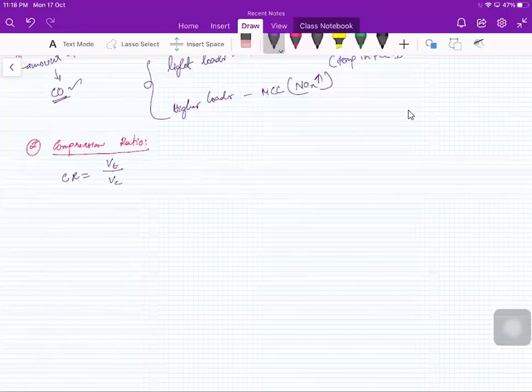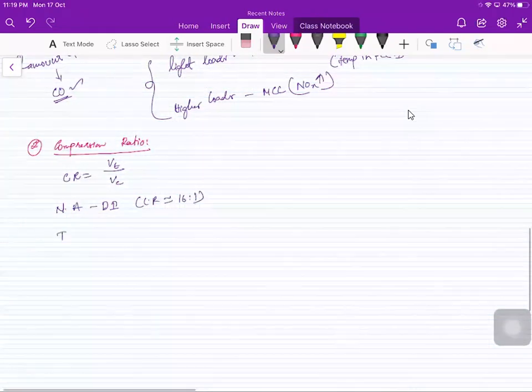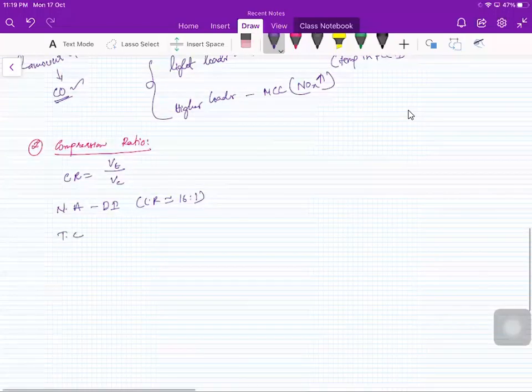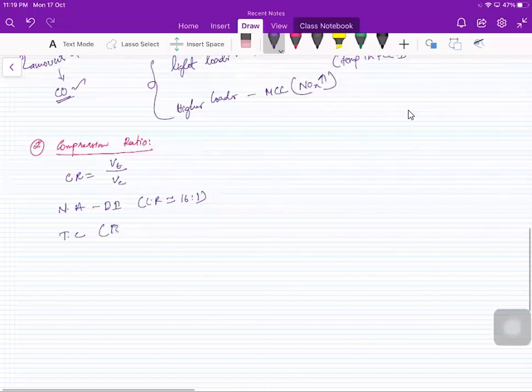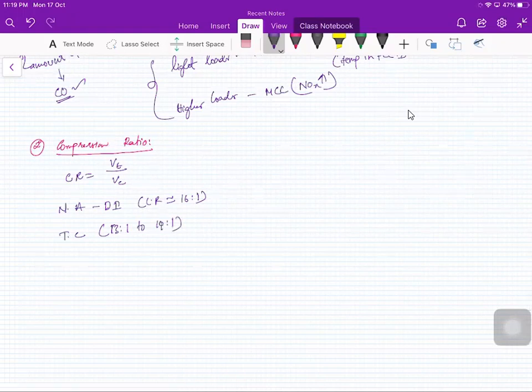If we look at naturally aspirated direct injection engines, the CR would be around 16:1. And if you take turbocharged engines, it is about 13:1 to 14:1. Why? Because the compression of air will be taken care of by your turbocharger. So automatically the compression ratio will be decreased. You need not maintain that high compression ratio.